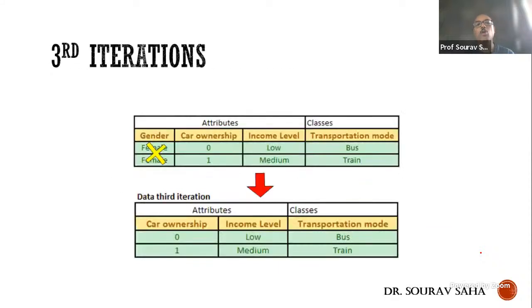Only one record left to determine the transportation mode decision. It could have been either on the car ownership or on the... What? If the data volume is not significant, it can lead you to some terminal nodes which are very sparse, only one record.